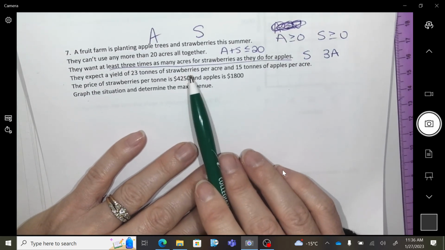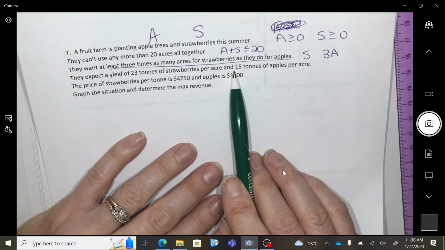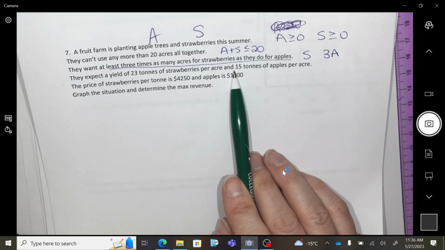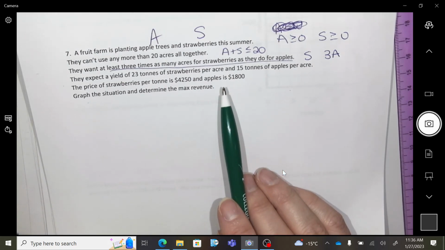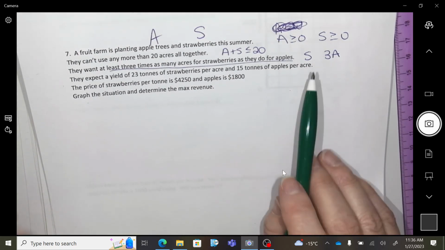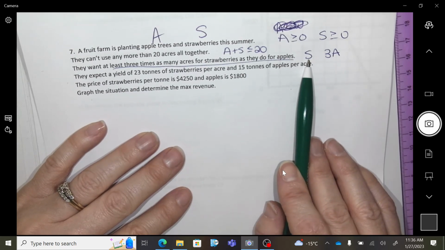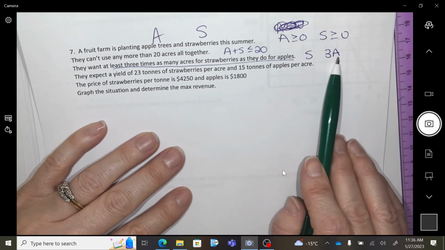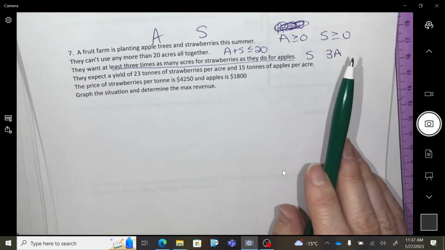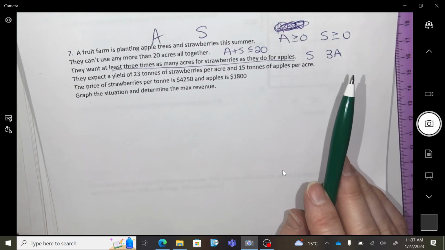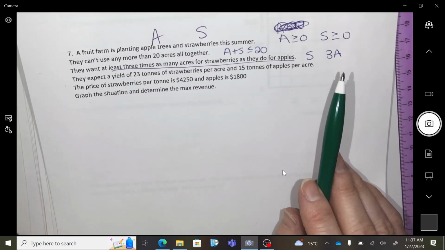You want 3 times as many strawberries, so plug in a number. So if your apples are 10 acres, how many strawberry acres do you want? 30. So what's the math? If you want 30, this would have to be 3 times 10 to make 30 strawberry. No, but I'm just giving like a random example. Obviously, and then at least then.